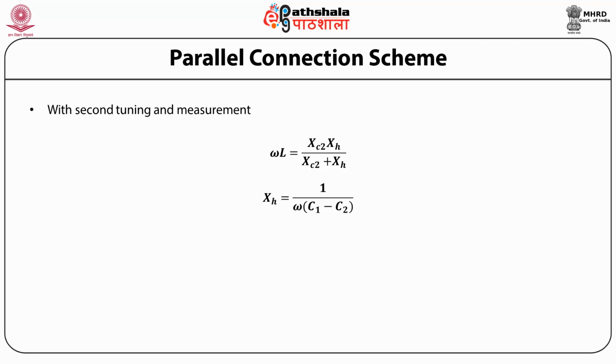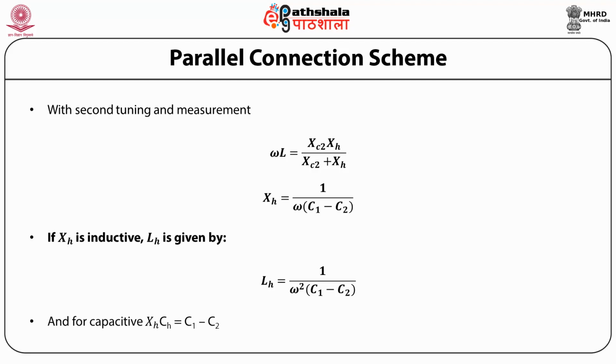The value of XH is equal to 1 by omega (C1 minus C2). If XH is inductive, LH is given by LH is equal to 1 by omega square (C1 minus C2). And for capacitive XH, CH is equal to C1 minus C2.